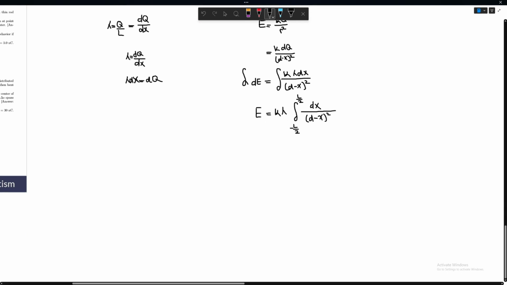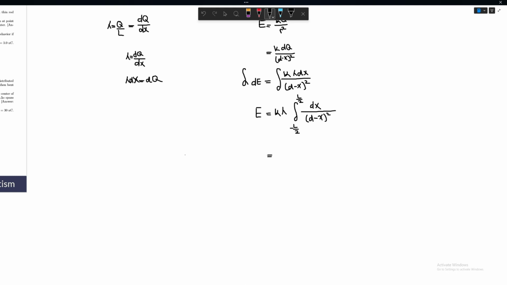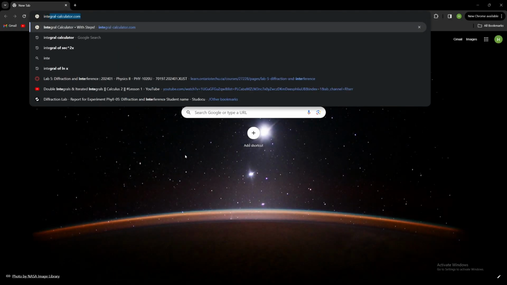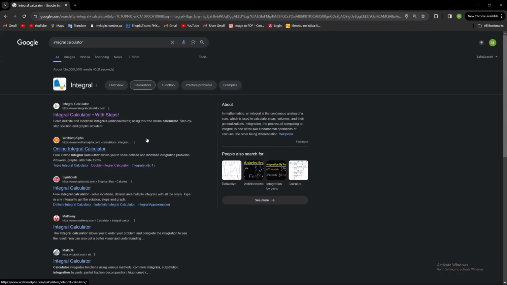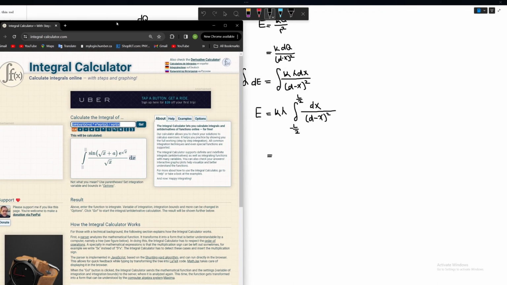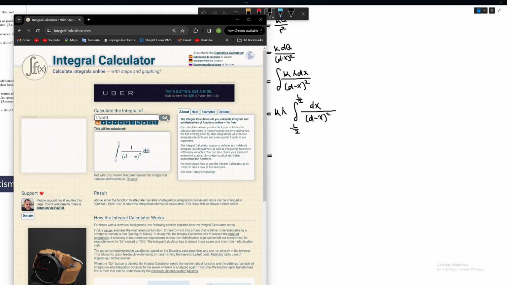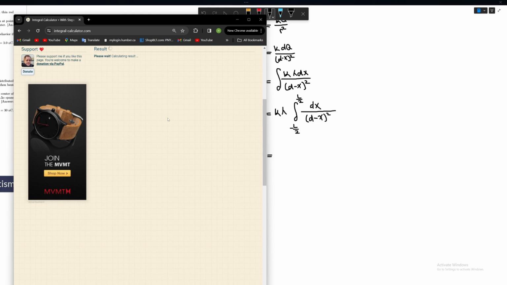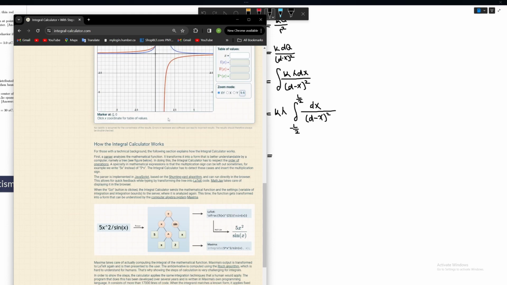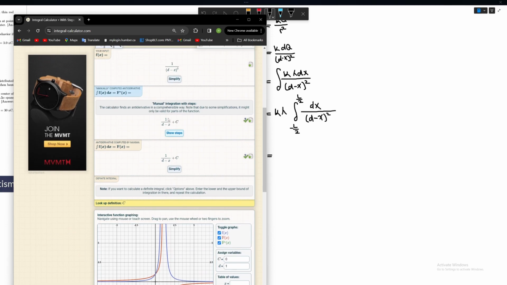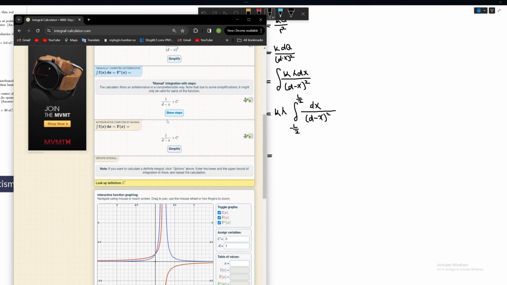Now that I've explained this here, what I'll do is integrate. An integral is always given, so I'm just going to search it up. And here, my integral goes 1 over d minus x squared. Let's get my final integral here. Is that the integral?